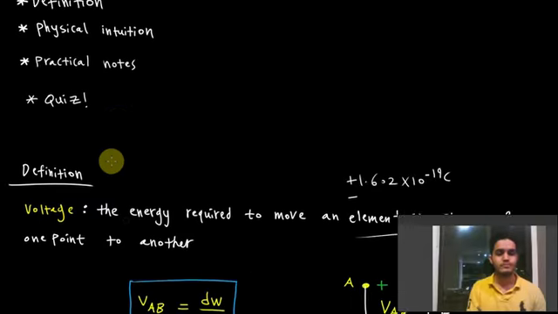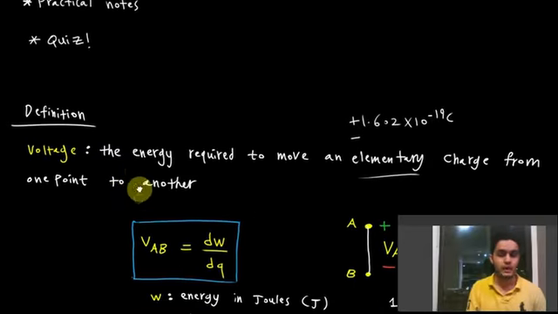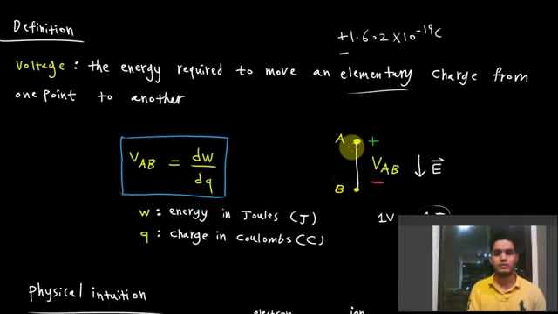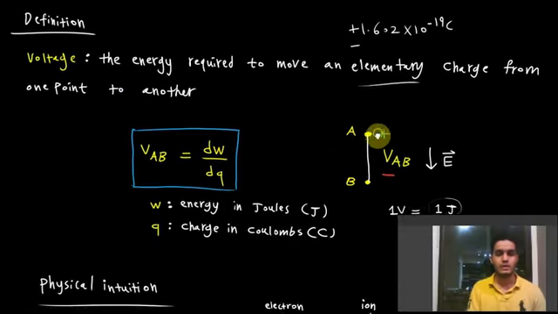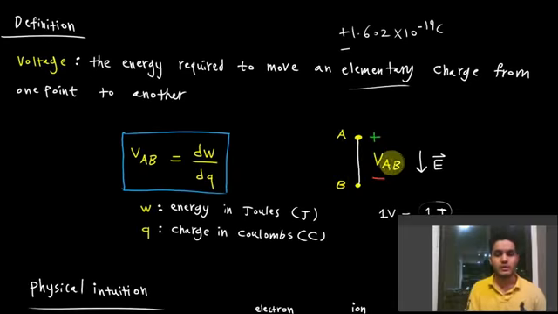So voltage is the energy required to move an elementary charge from one point to another. So you have a point A to B here, and if you use this polarity, plus and minus given here, VAB is defined as the rate of change of work or energy spent for each Q of charge.